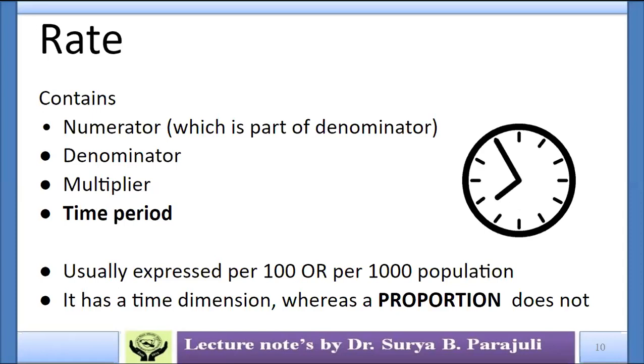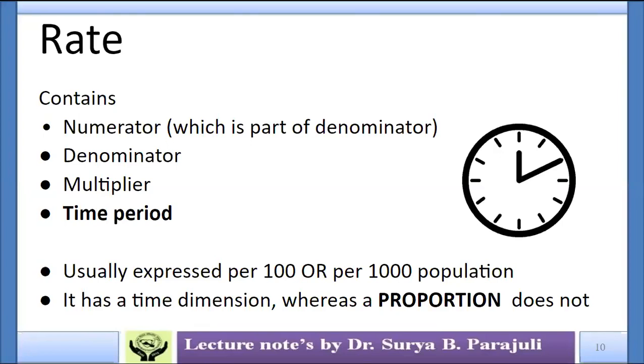Proportion has no time period, rate has a time period, and it is usually expressed per 100 or 1000 or 10,000 or 1 lakh or 1 million, that means 10 lakh. It has a time dimension, whereas proportion does not have a time dimension. So this is the basic difference between rate and proportion.